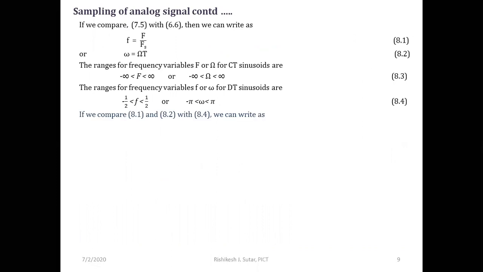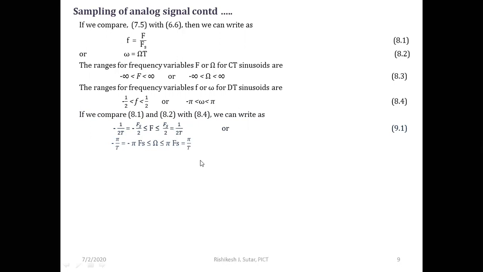If you compare equations 8.1 and 8.2 with equation 8.4, we can write that F is greater than or equal to minus Fs by 2 and less than or equal to plus Fs by 2. That is, capital F is running from minus Fs by 2 to plus Fs by 2.